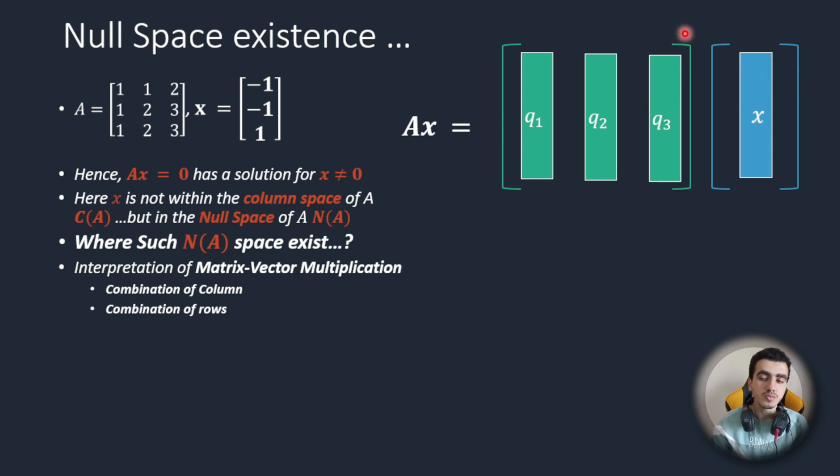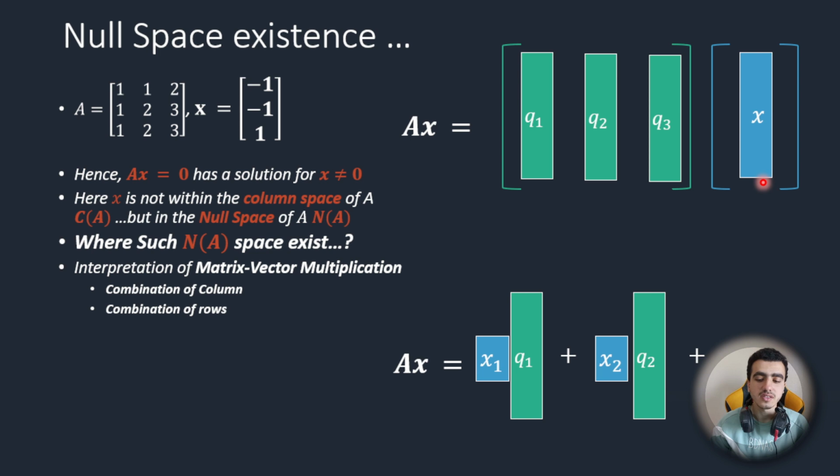Each element is multiplied by each vector, generating a new vector which exists in the column space of this matrix. So x here can be divided into 3 items, x1, x2, and x3, and these 3 x's are multiplied by these 3 vectors. This is the interpretation as a combination of columns.